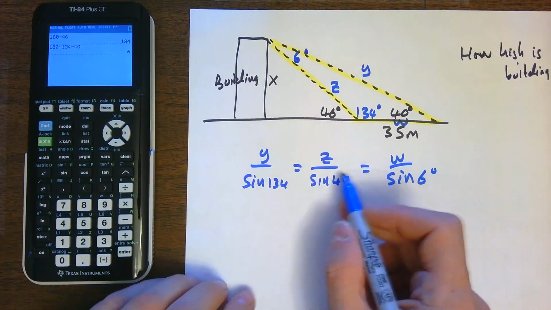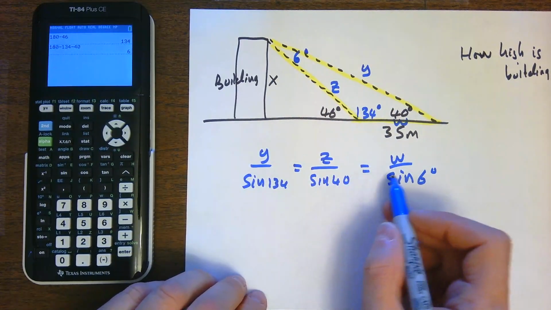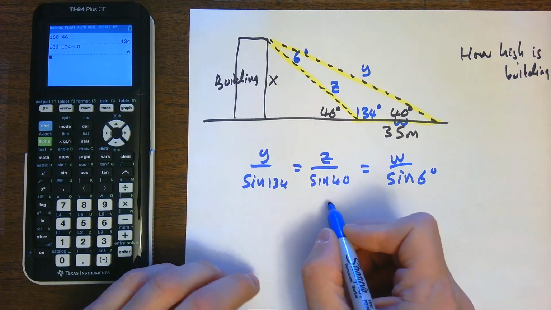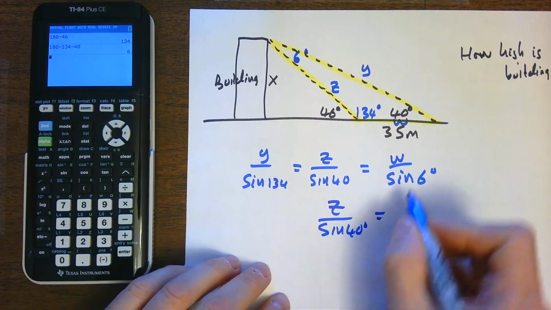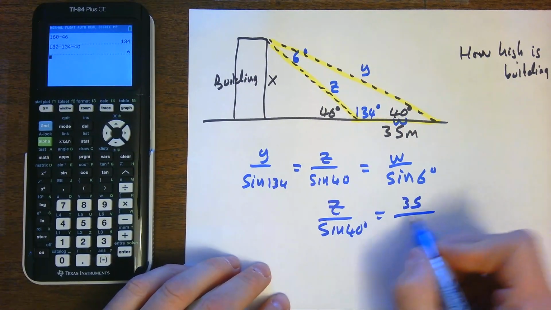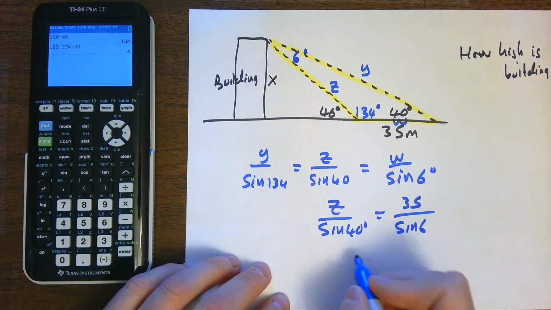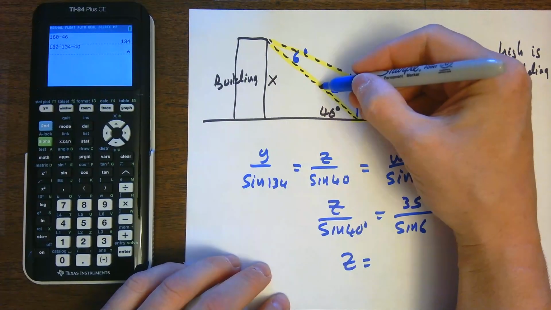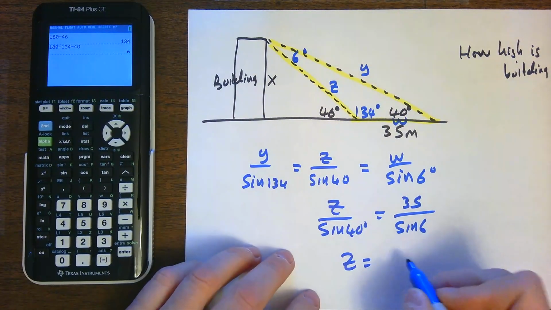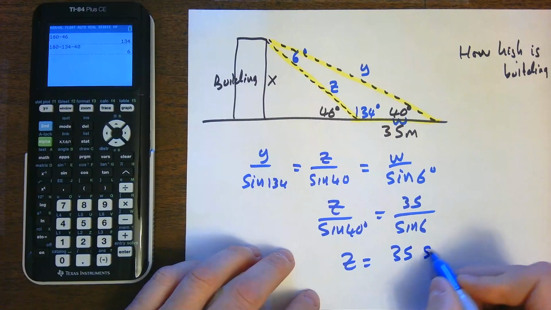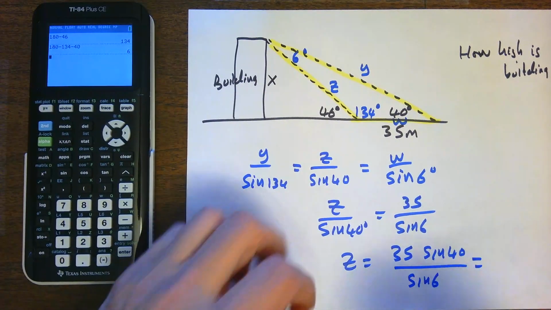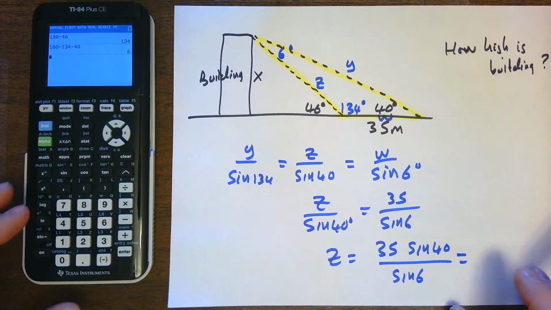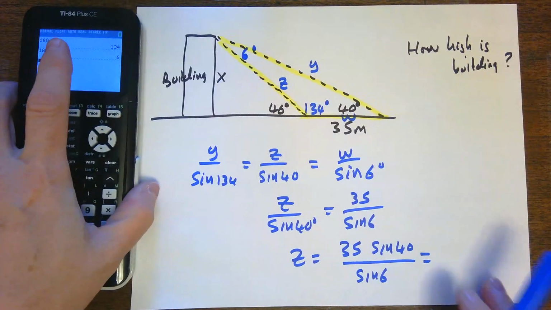So I'm going to say that z over the sine of 40 equals 35 over the sine of 6. So z, this length right here, is going to be 35 times the sine of 40 over the sine of 6. All right, so here we go, calculator time.